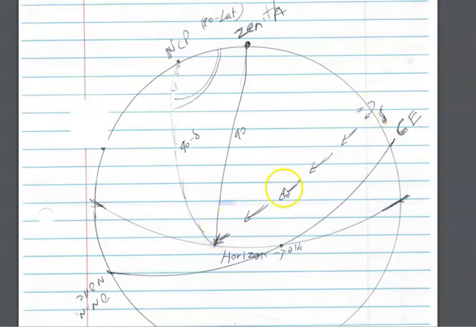I intentionally did not make a circle here because it would not be correct, because we only draw great circles. We never draw a circle that's not great. We cannot do any calculations with it. I just made it to show that the star or the sun is traveling here, and it reaches this point, it sets.